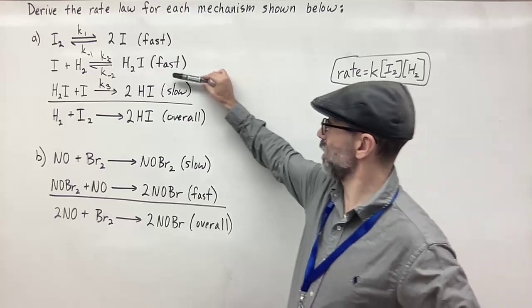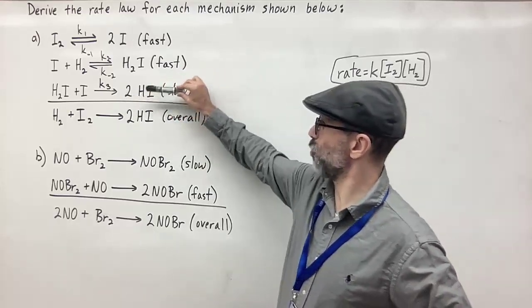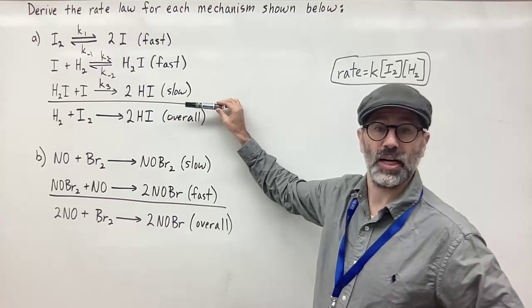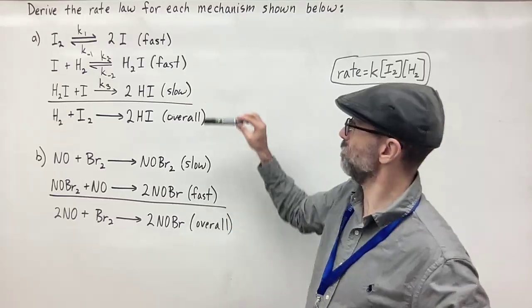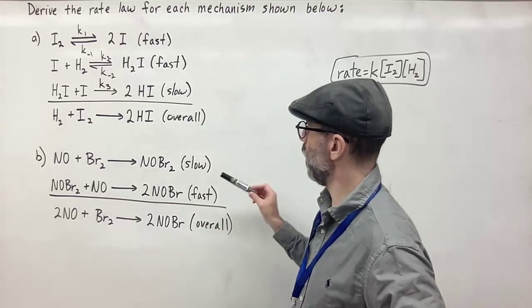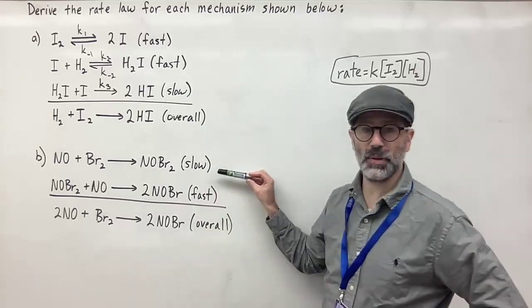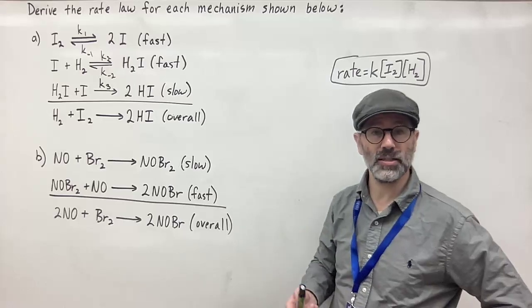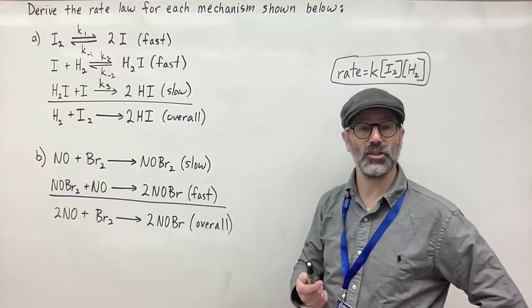In the previous one, because the slow step was not the first step, we had to do substitution to get rid of the intermediates. But notice here that the slow step is the first step. And the slow step is the one that determines the rate of the reaction. It's the rate determining step.